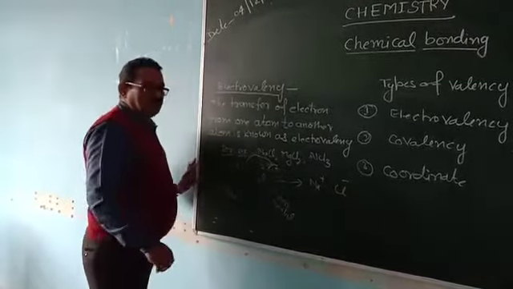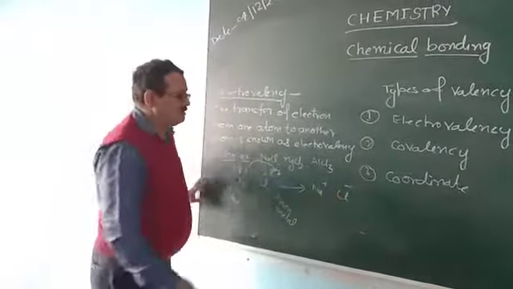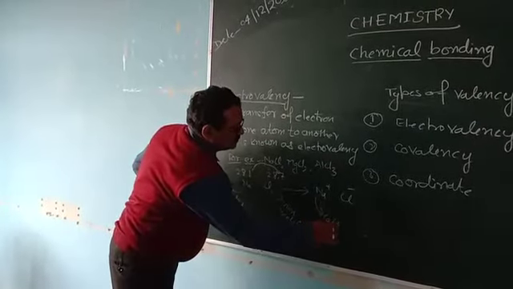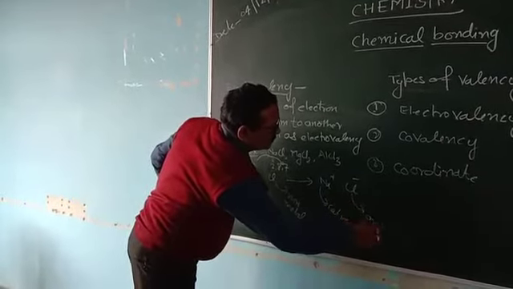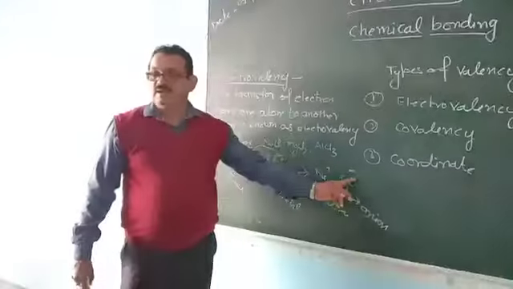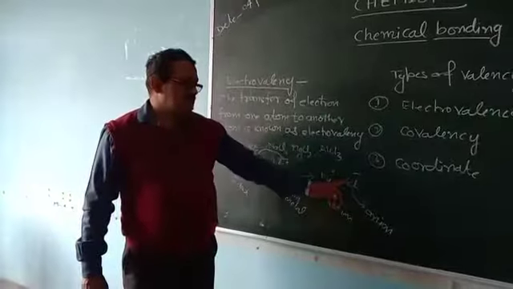This is a cation and this is an anion: the chloride ion and the sodium ion.